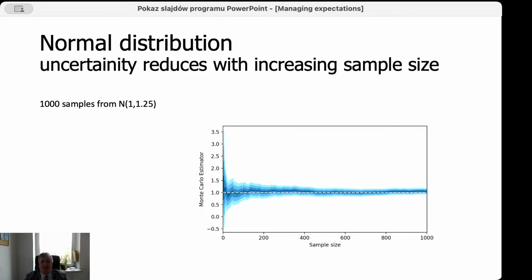So for example, let's take a normal distribution with mean of 1 and standard deviation of 1.25, so a rather large standard deviation, and we'll generate 1,000 samples of them. As we can easily see, as we are adding additional samples, the uncertainty around the value of 1 reduces. It becomes a closer and closer representation of it here.